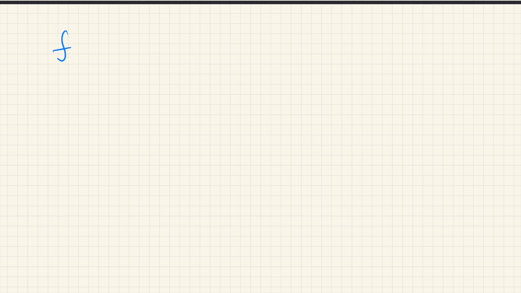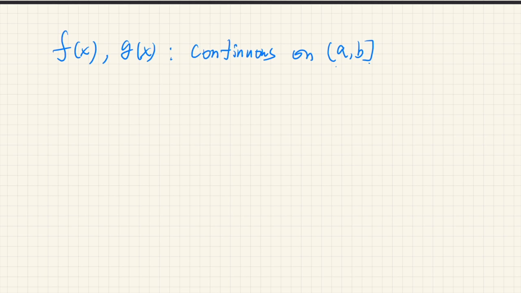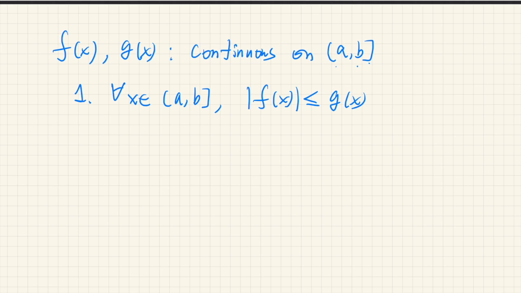Let's say we have two functions, f of x and g of x, which are continuous on a semi-open interval between a and b, not including a, but including b. And suppose the following two conditions are satisfied. One, for all x in the interval, the absolute value of f of x is less than or equal to g of x.